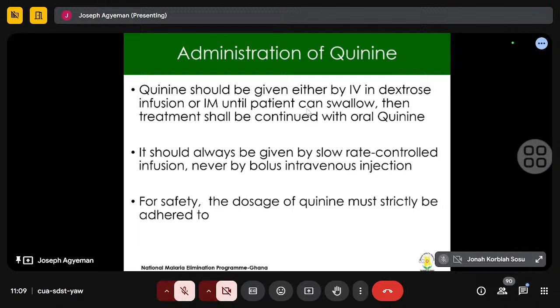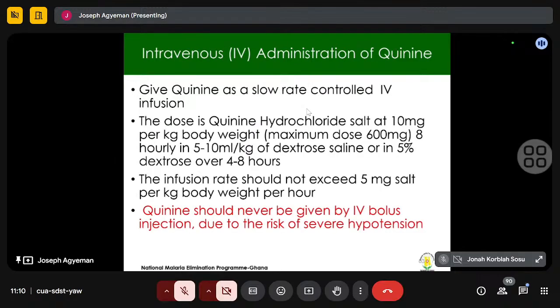For IM, you are allowed to dilute with either normal saline or a dextrose-containing agent. That would even be better because of its potential hypoglycemic issues if you are using a dextrose-containing agent for the IV. So, as I said, the dose is always 10 milligram per kilogram body weight.